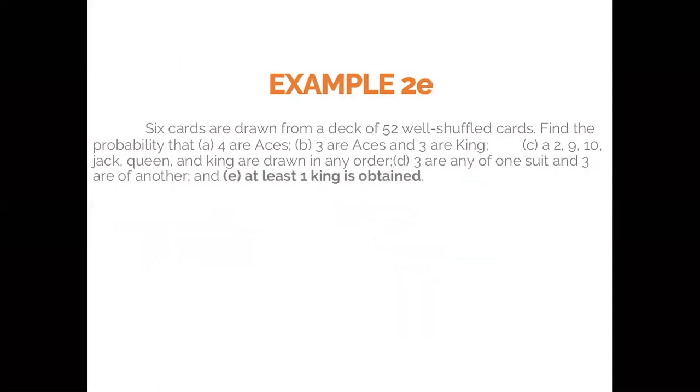Then last is yung letter E natin, at least one king is obtained. Okay? So at least one king. Okay, so 52 yung cards natin, N natin is 6. And then ang king natin meron tayong 4. Di ba? So remaining natin dito is 48. So kung at least one king, anong ibig sabihin pag at least one king?